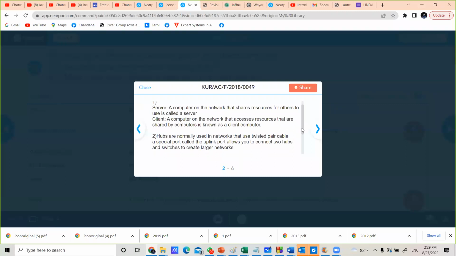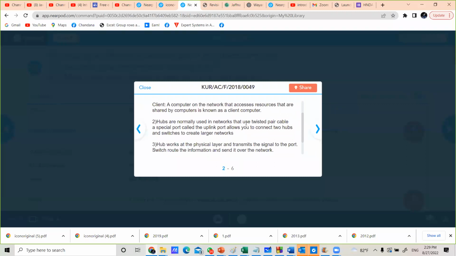Right. Hubs are normally used in networks that use twisted pair cable. Yes, that's correct. A special port called an uplink port allows you to connect 2 hubs and switches to create a larger network.